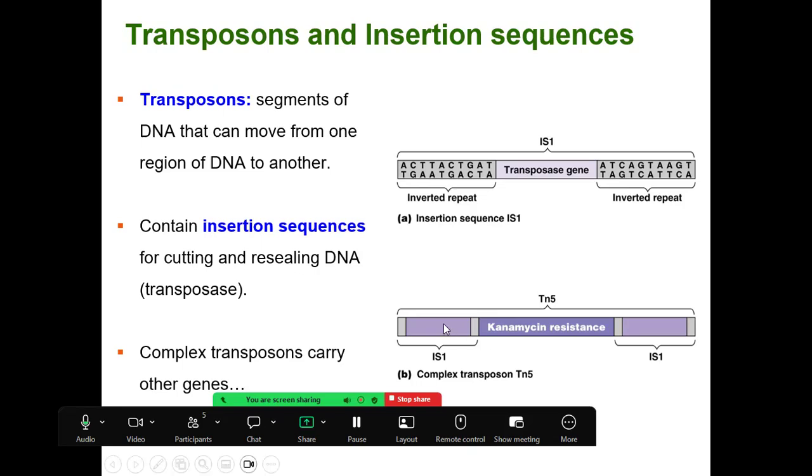The reason is it just needs a transposase gene, but only one. But it needs these inverted repeats. And so if it has a transposon over here and over here, it has the inverted repeats in the right position. Any question about transposons?